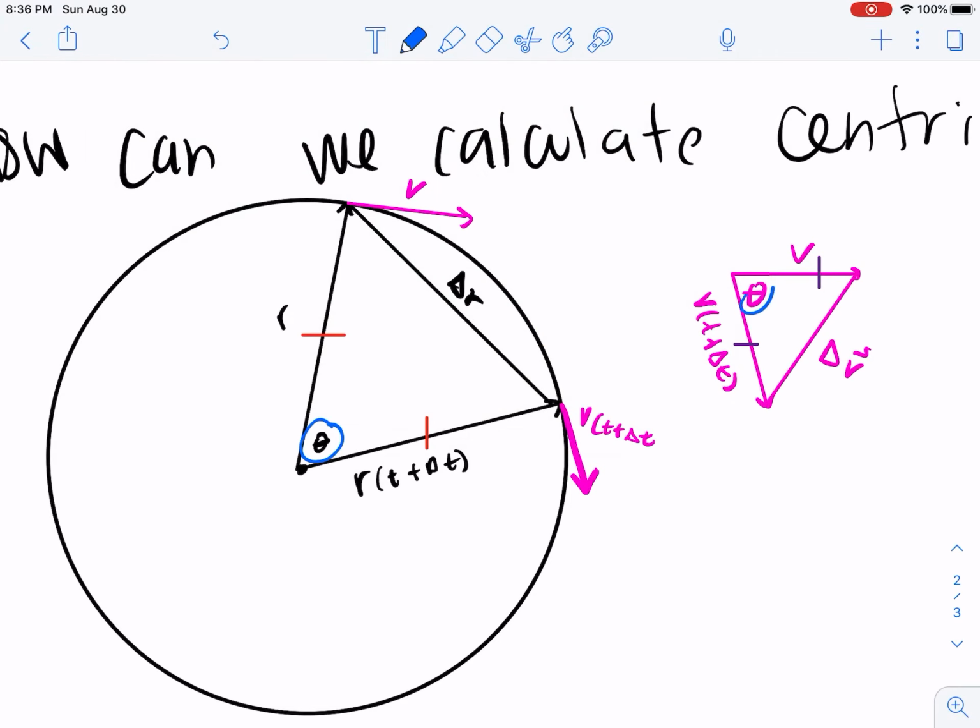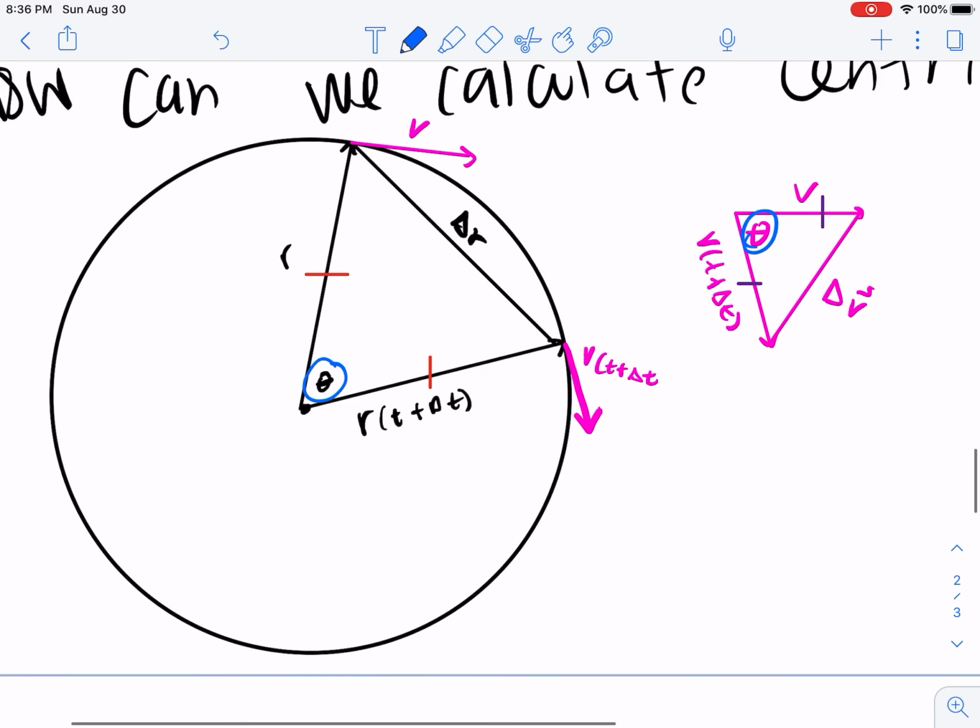This theta here and this theta here are going to be the same because they traverse the same amount of distance. Because they are connected together, in order for R to get here, V had to go through the same arc, which we know central angles and their arcs are the same, so they traverse the same amount of directional change here.